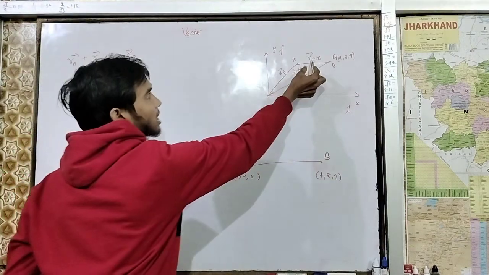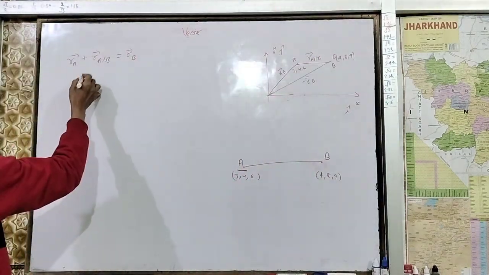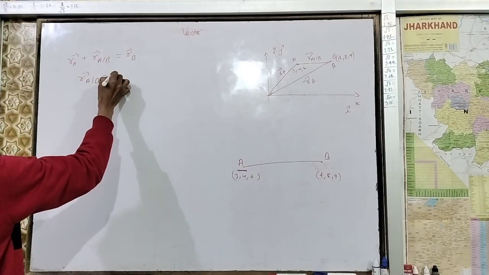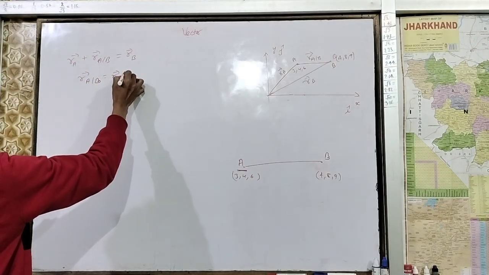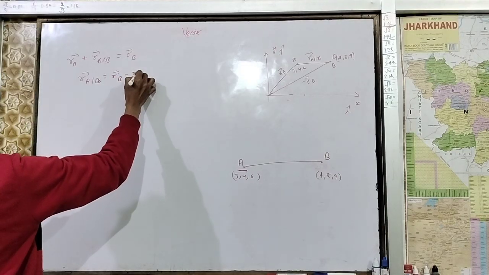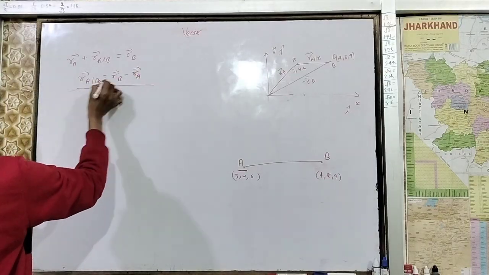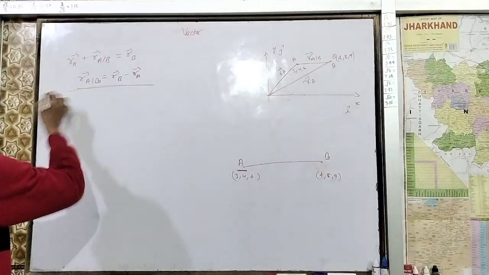To calculate this displacement, can't we say that position vector of A with respect to B is equal to position vector of B minus position vector of A? This can be used.